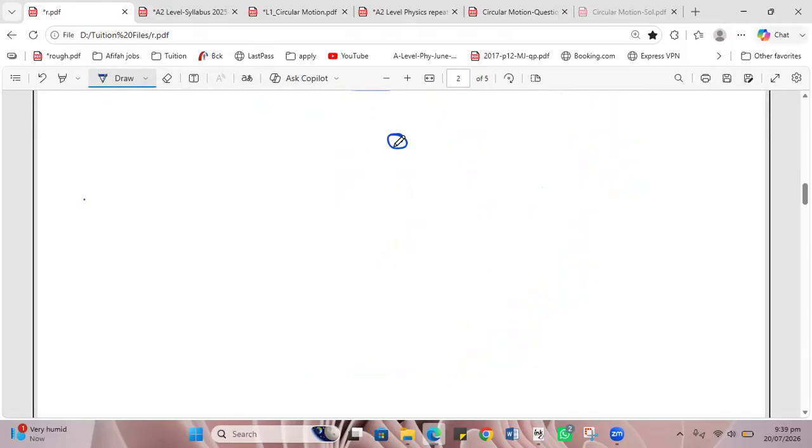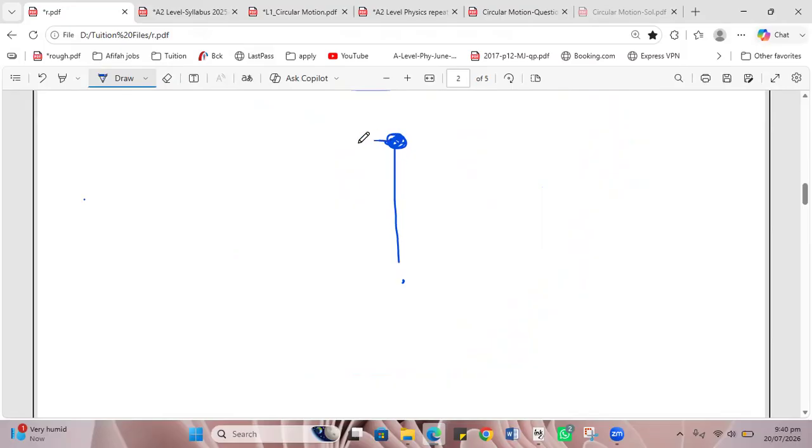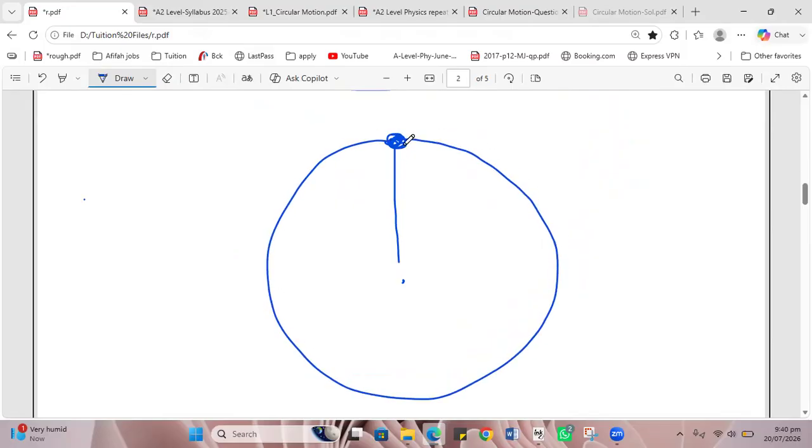Another example. This is a stone attached to a string, and I'm rotating the stone in a circular motion, right? So it is rotating in a circular path. Since it is undergoing circular motion, it has centripetal force. Let's draw it Fc. But in this case, what is providing the centripetal force?